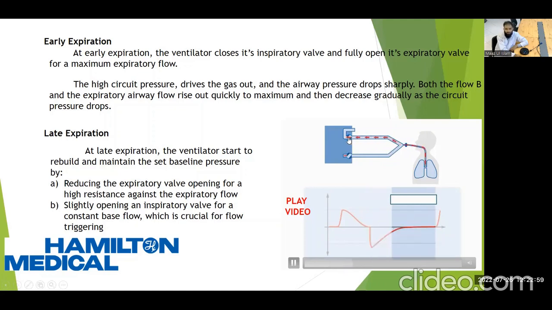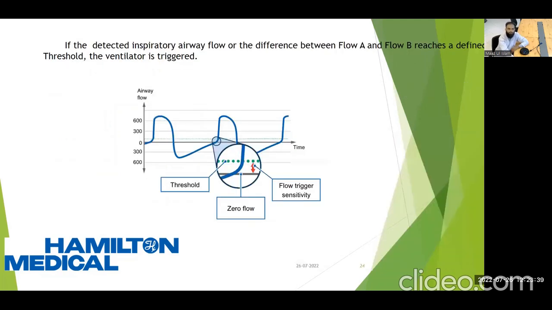Then in the late expiratory phase, the expiratory valve is half open and the inspiratory valve is also half open to maintain the baseline, or to maintain the PEEP we have set as the end user. This is a complete expiratory phase.